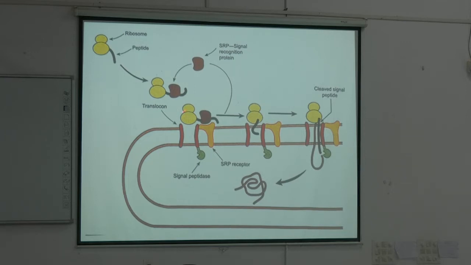Then what happens? The SRP receptor, the signal recognition particle receptor, is present in the endoplasmic reticulum. Now, you already know about the plasma membrane. Can you tell which kind of protein the SRP receptor is?